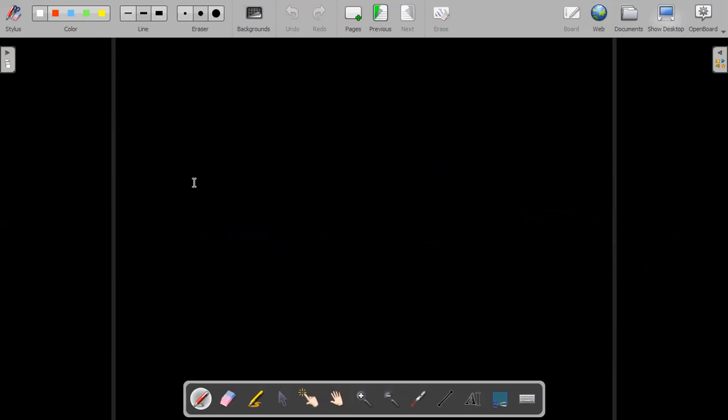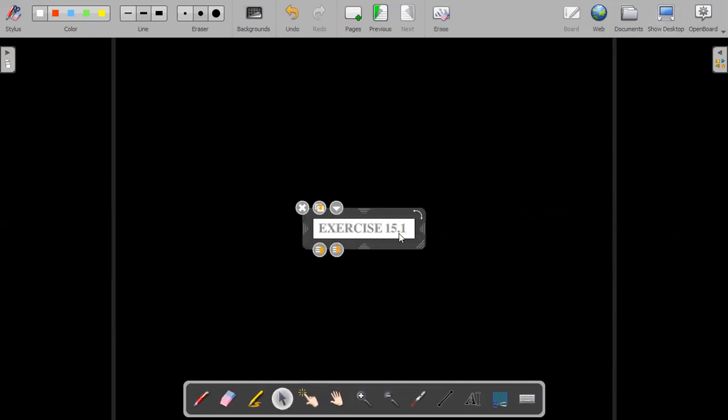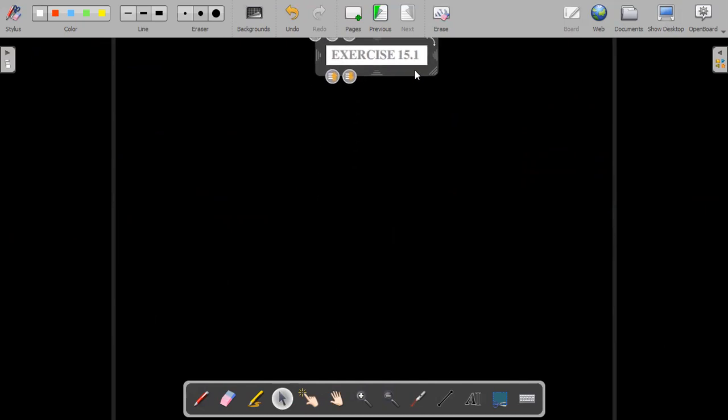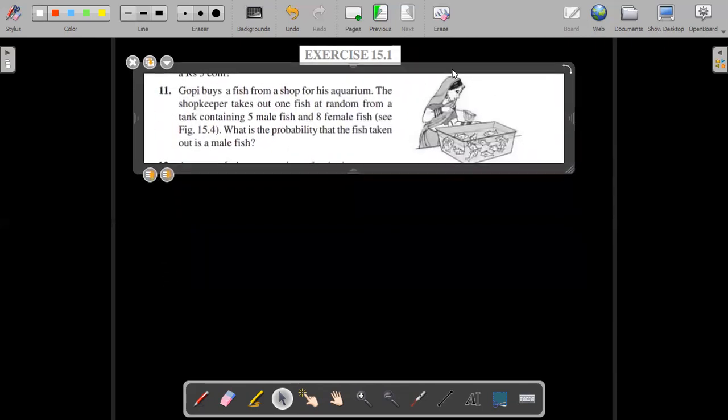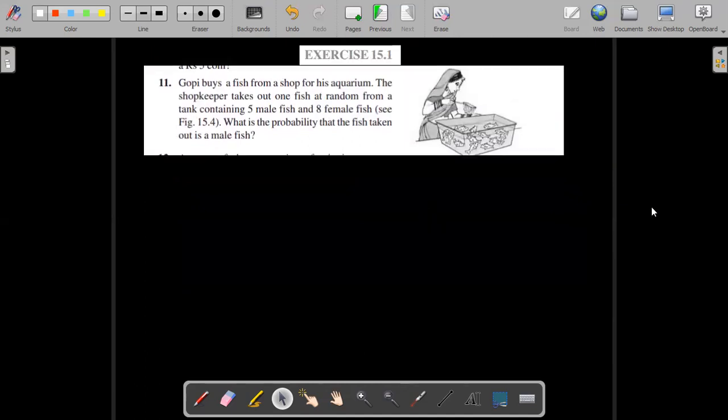Okay. Next question. Gopi buys a fish from a shop for his aquarium.